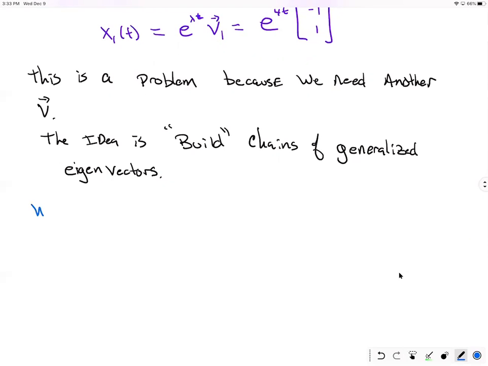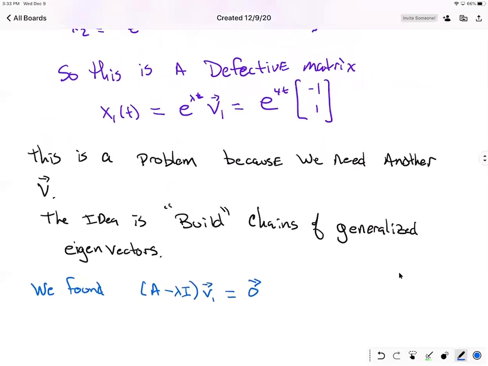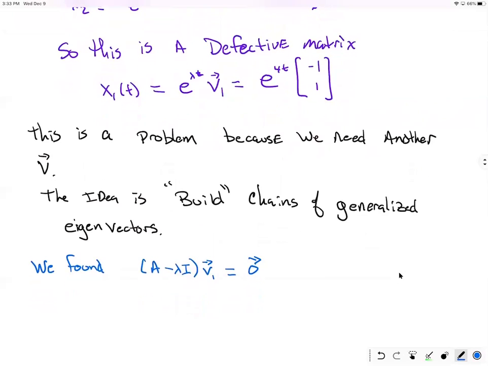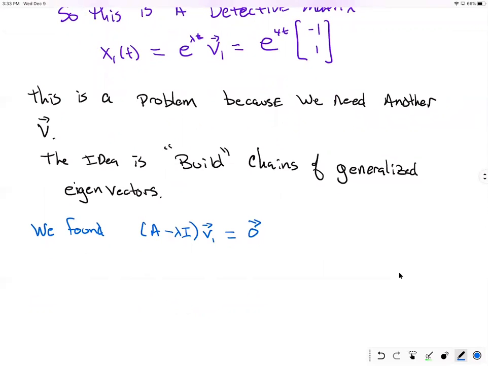So we already found A minus lambda I times V, we call this V1, equals the zero vector. If I write it out, A minus lambda I equals [[-3, -3], [3, 3]].